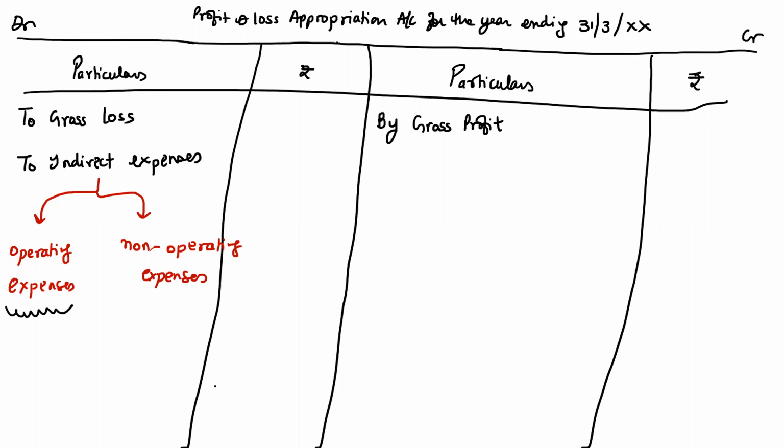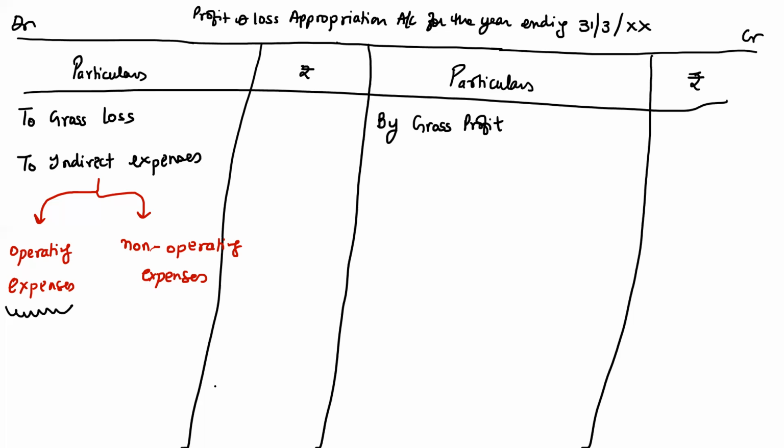These are done on a day-to-day basis and are related to core operations of the business. If you shut down the business, your operating expenses will become zero. And as your business grows, these operating expenses will also grow. As your sales grow, operating expenses will grow because they are related to your business only.